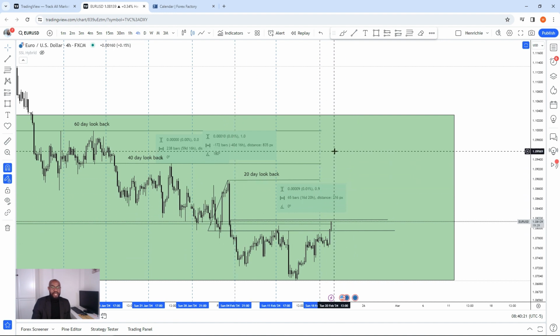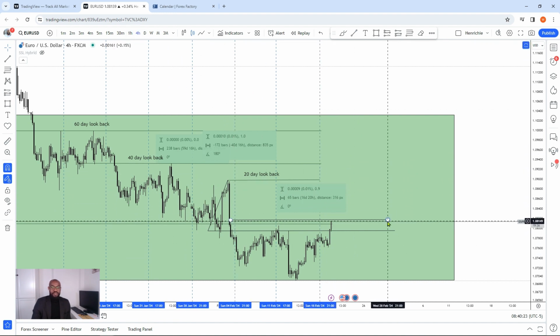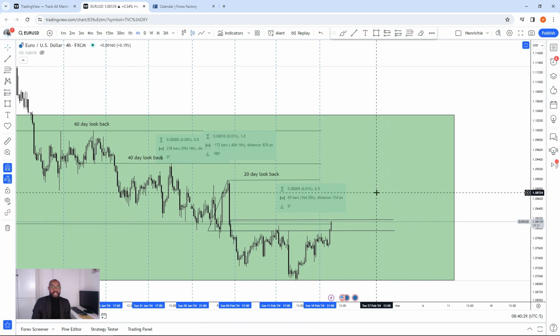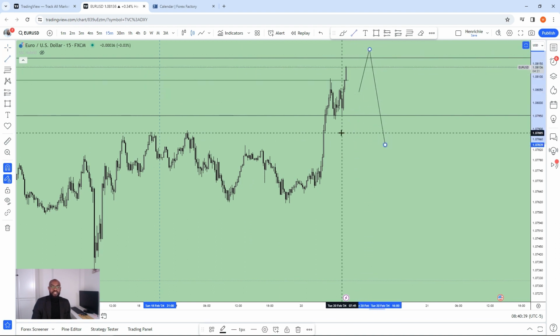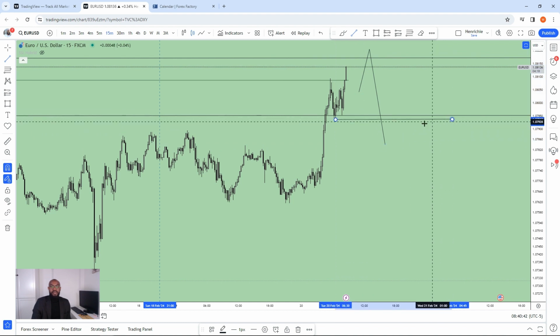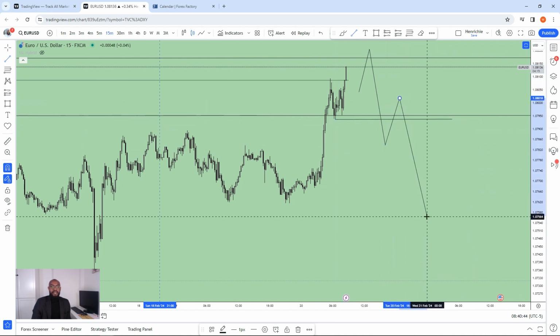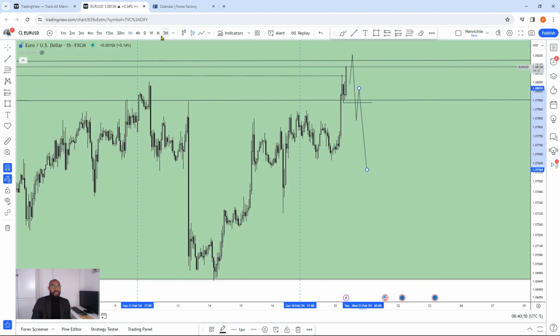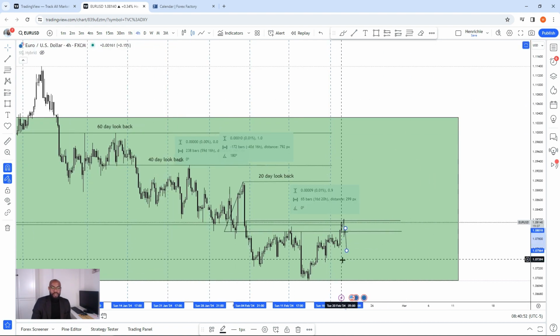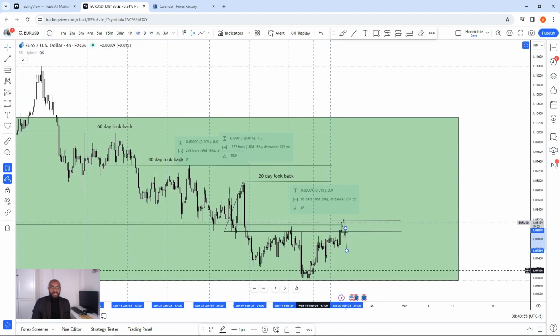So if we do come into that inefficiency, it's something to be on the lookout for because if we do see some level of rejection after tapping that inefficiency right here, if we do see price tap into it and reject off that position, breaking a 15 minutes low, we could potentially be looking for a retest and then a drop down, and we can look for the low hanging fruit areas where price could potentially come into after tapping that position. So areas we could look out for could be like this inefficiency here.